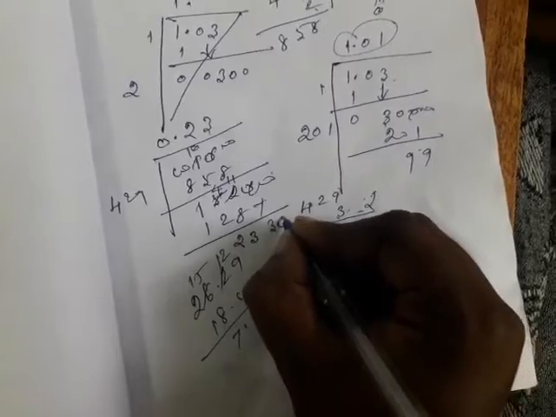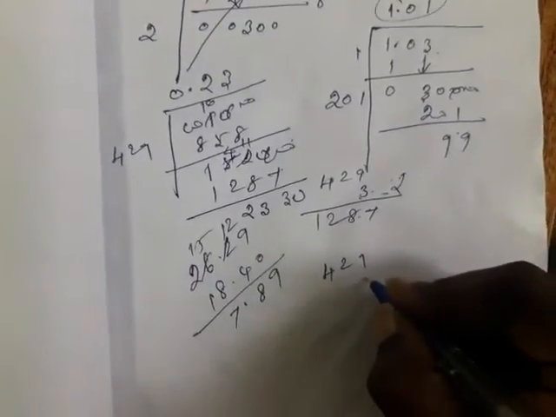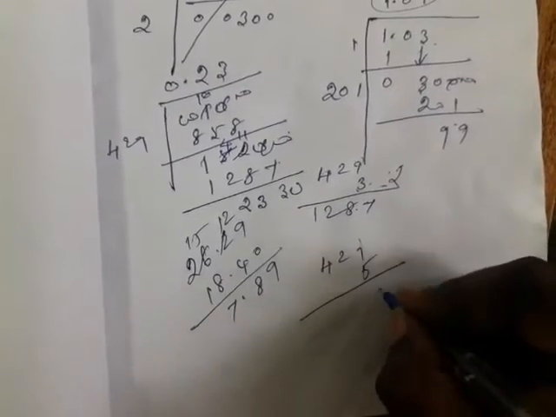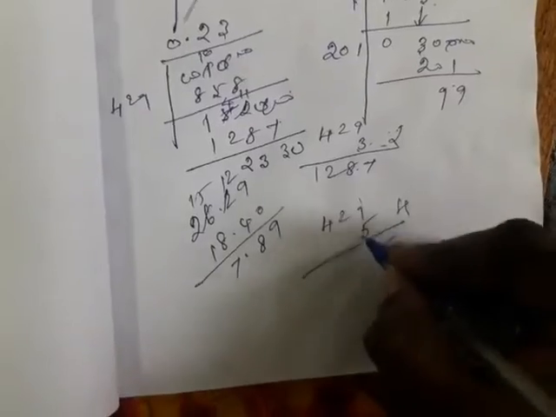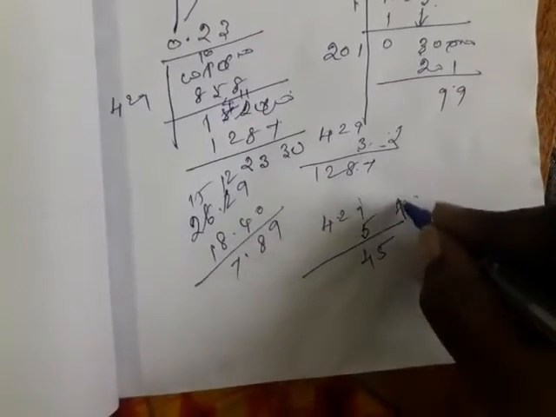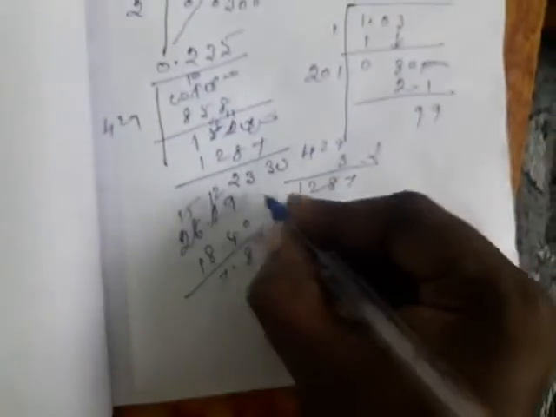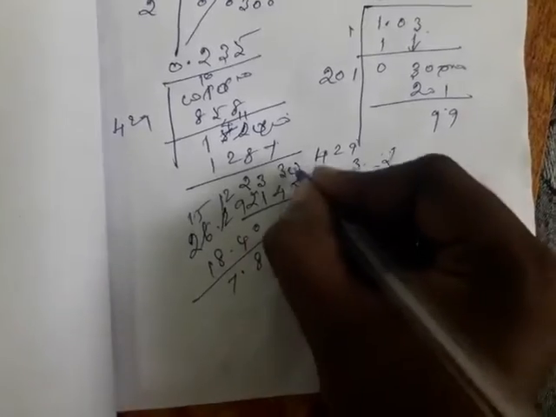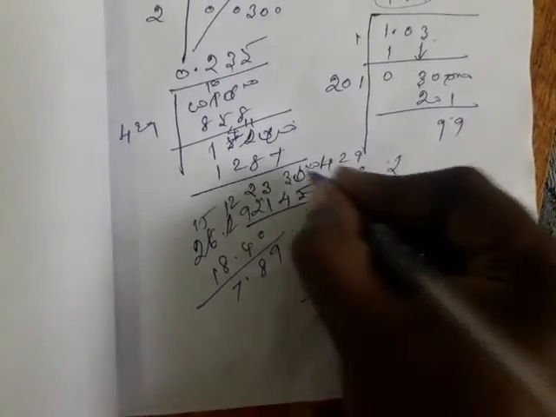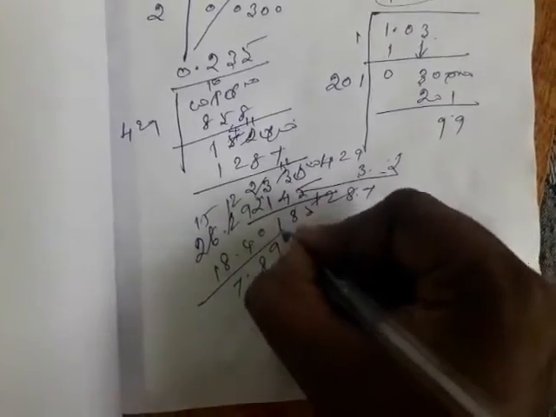Again, you have to add 10, 429, 5s are, okay, 9 5s are 45, remaining 4, 10, 14, balance 1, 20, 21, okay, 5, 21, 4, 5. So 10 minus 5, 5, here borrow, 12 minus 4, 8, 2 minus 1, 1.